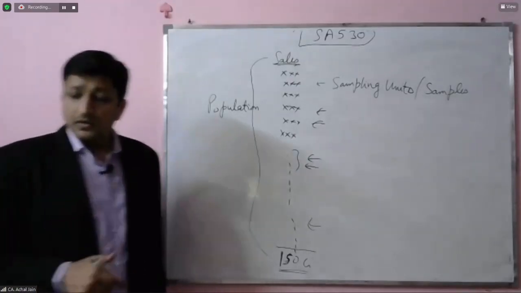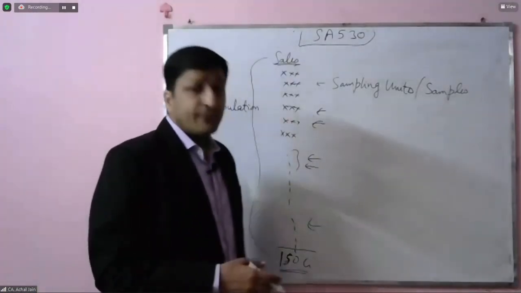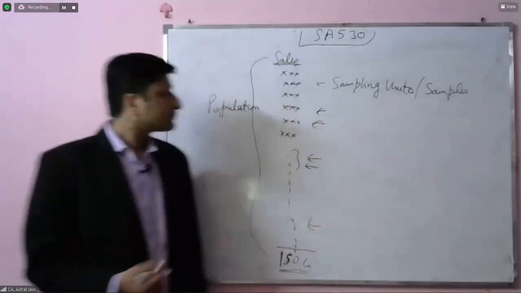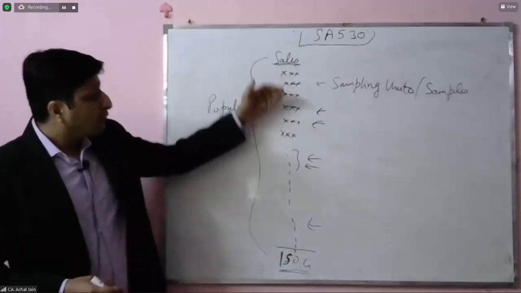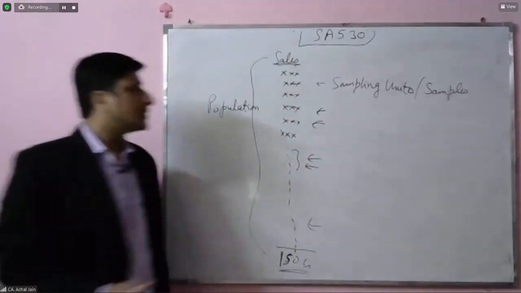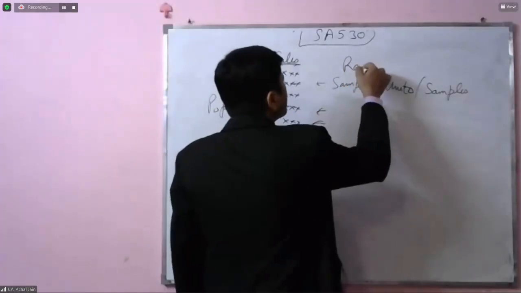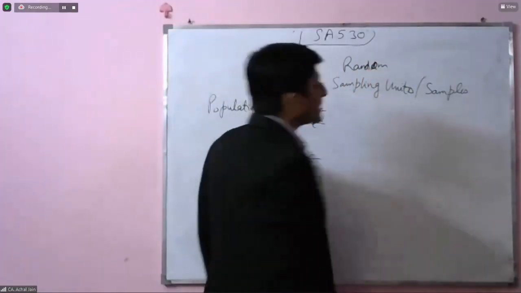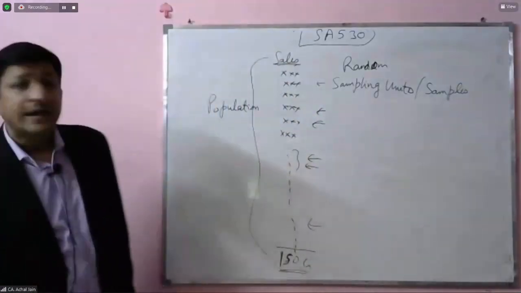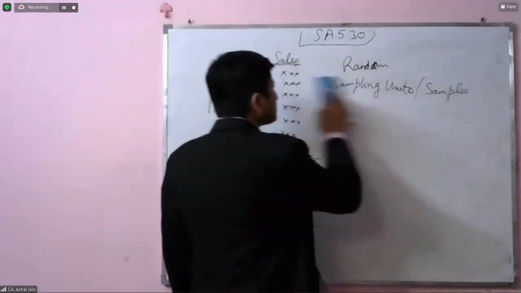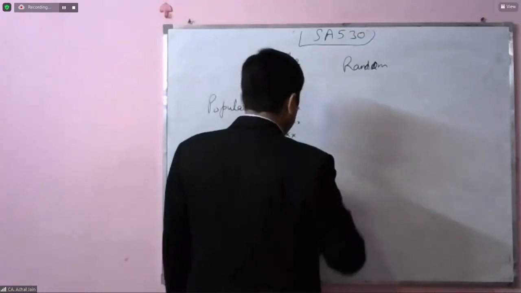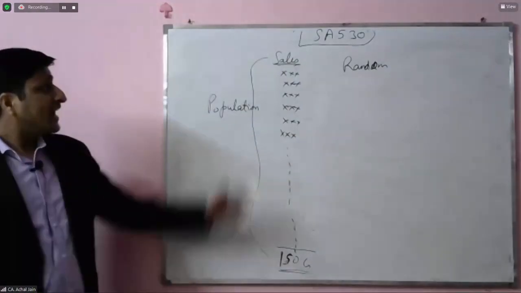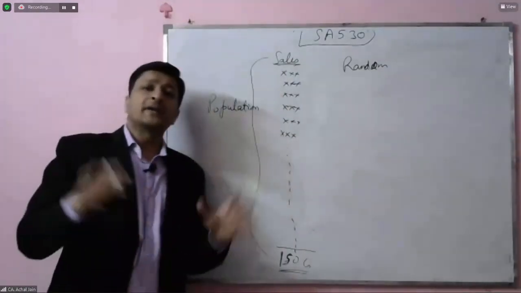Now, as around the sampling technique, various methods of sampling can be done. First and very common method happens to be random. Means when the sampling is done on a random basis. Random means any item out of this population can be picked up.